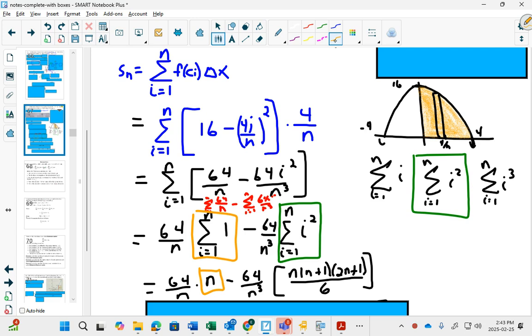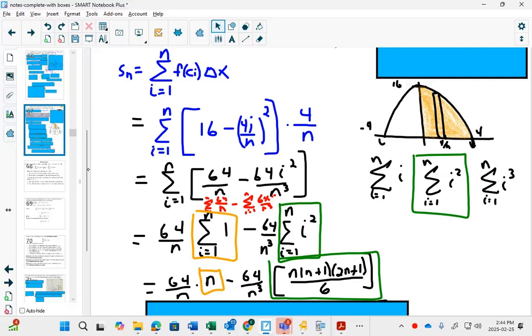But if you were just looking online at notes, you'd probably get confused at that point. And then this, I'll put it in green, that's the formula for adding up squares, which you probably didn't remember, but it's in your notes. If you didn't memorize it, you're probably going to be just fine. It is n times n plus 1 times 2n plus 1, all divided by 6. It's kind of a pretty formula.